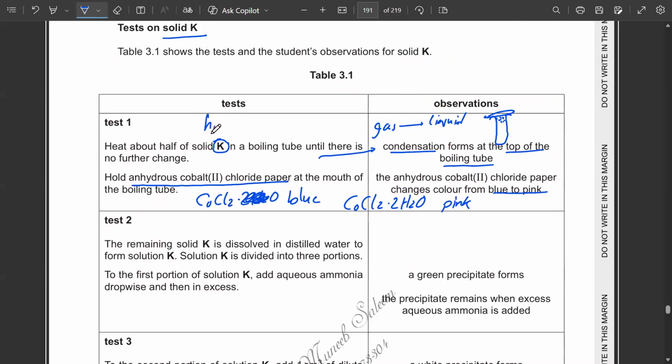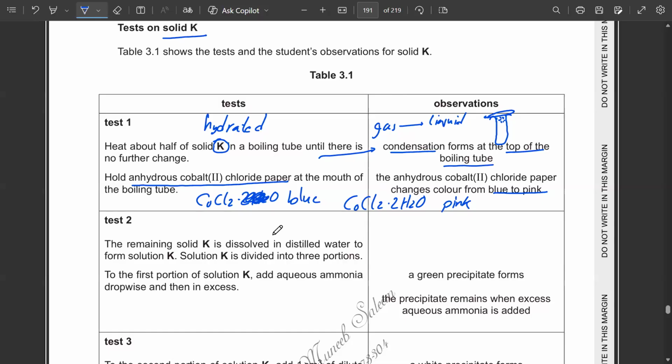In other words, it is the hydrated compound. And for this reason, when you heat it, the water is evaporated from the compound, and forms droplets at the top of the boiling tube.